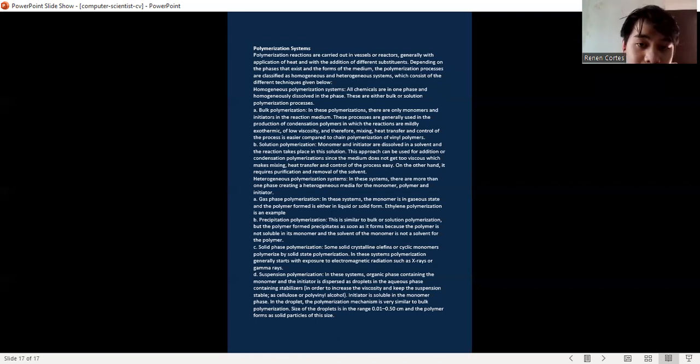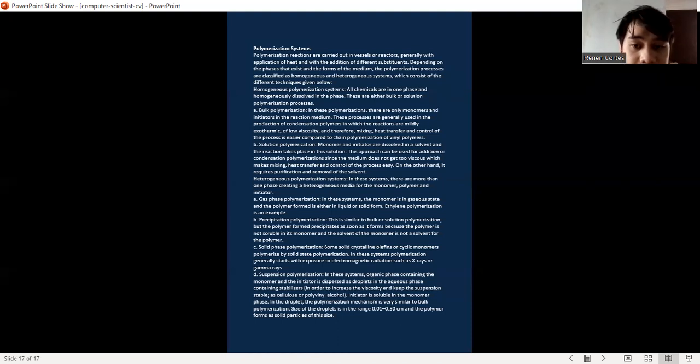So, homogeneous polymerization systems: all chemicals are in one phase and homogeneously dissolved in the phase. There are either bulk or solution polymerization processes. Bulk polymerization: in these polymerizations, there are only monomers and initiators in the reaction medium.